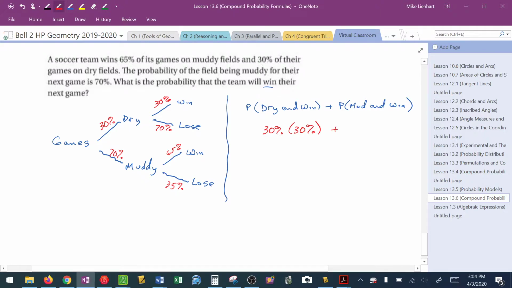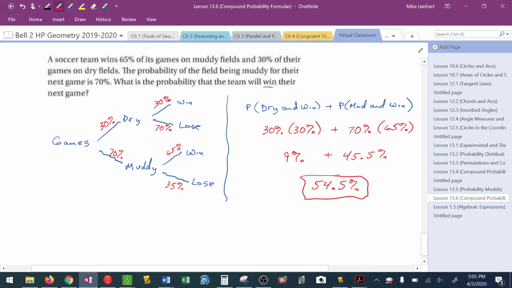Probability of mud and win would be 70% times 65%. So this would be 9% plus 70 times 65. That's 45.5%. Add those two together and I get 54.5% chance of winning. So better than half potential of winning. All right. Hope this helps. Let me know if you guys have any questions.